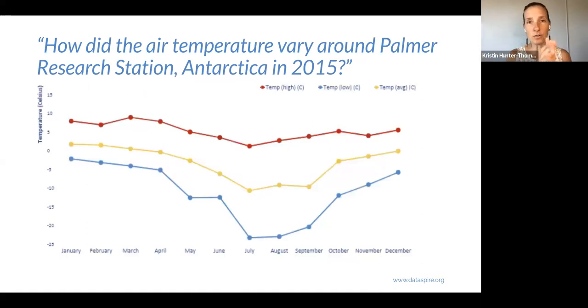And then that determines what data we can use to visualize it, to then say, what am I seeing? Let me explore this a little bit more. How did the air temperature vary around Palmer Research Station, Antarctica in 2015? Does this match what I was expecting? Is it different than what I was expecting? Now we're getting into the exploring and the making meaning of it.